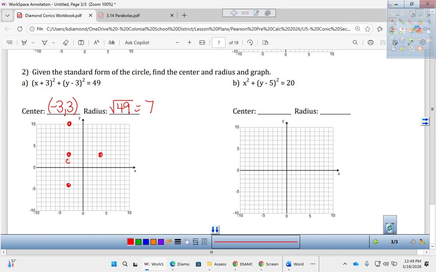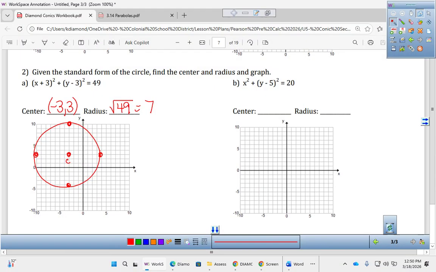I'm just counting. So this distance here is 7, this distance here is 7, this distance here is 7, and this distance here is 7. The radius all around the circle then is 7. And now I can just connect my outside points as best I can to create that circle image.